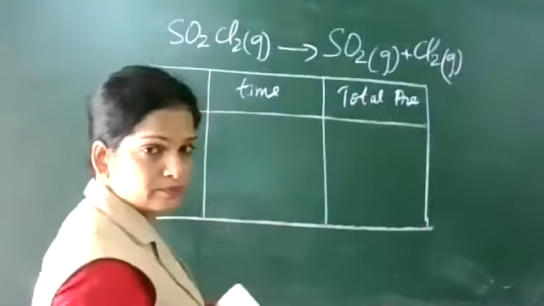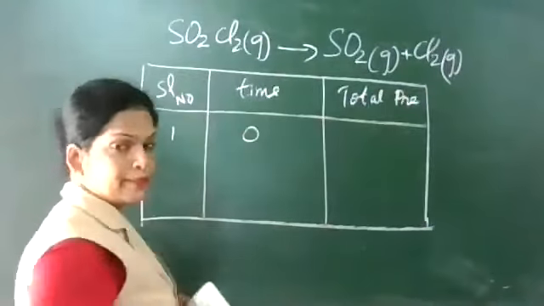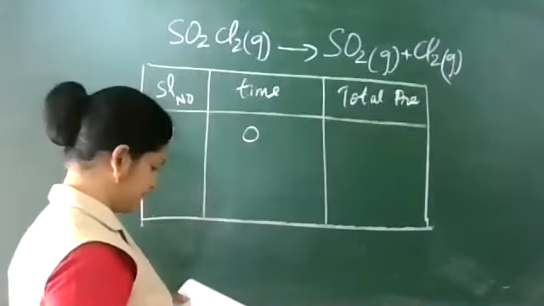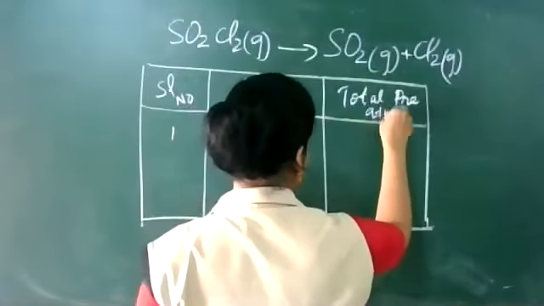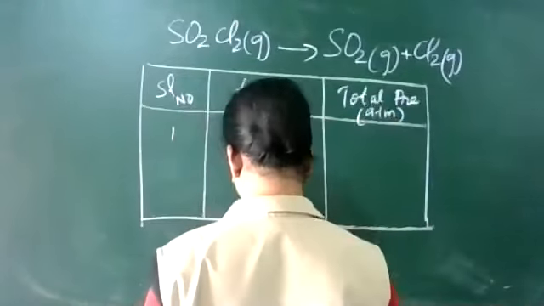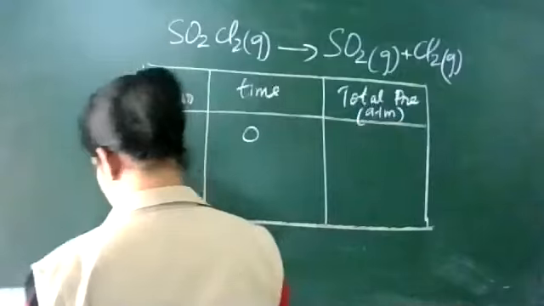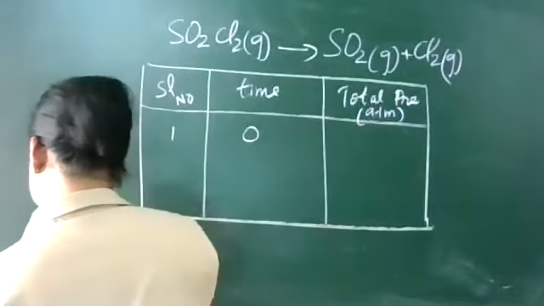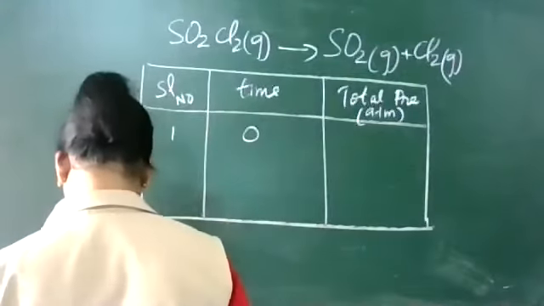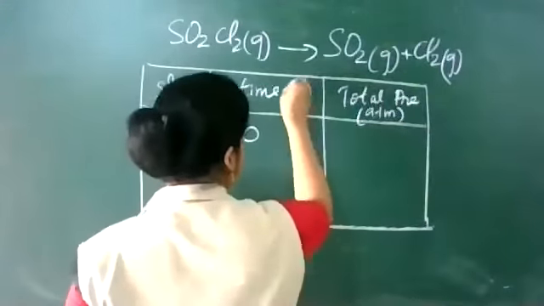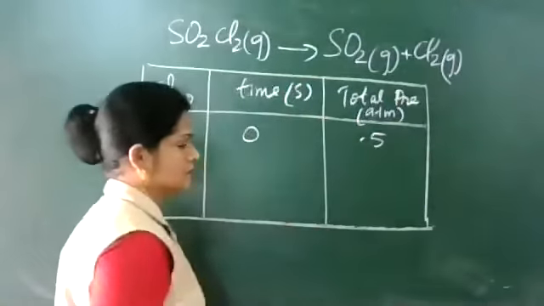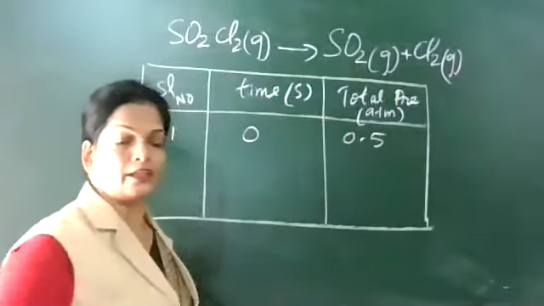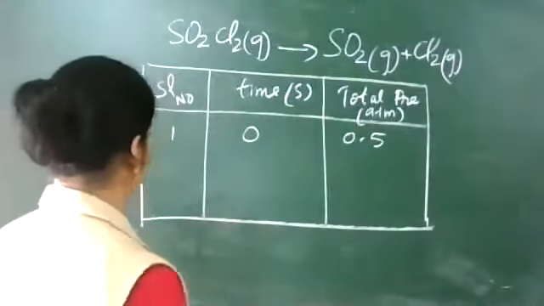We started at zero time, total pressure is in atmosphere. Initial pressure 0.5 atmosphere.